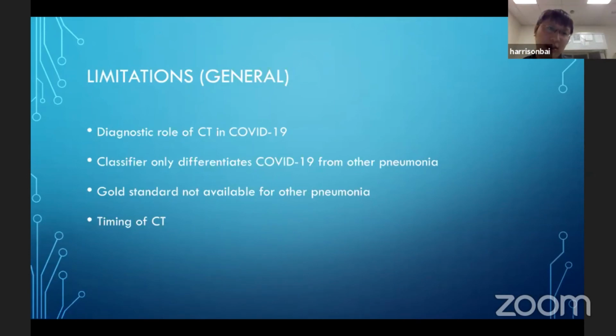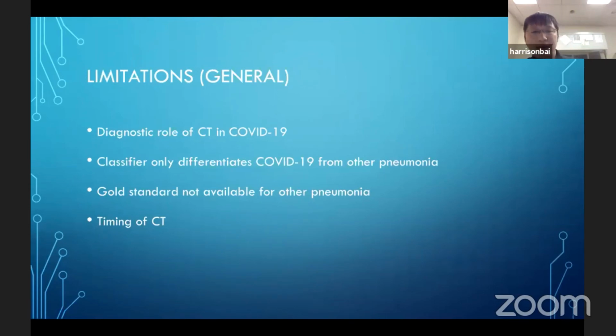And also our classifier only differentiates COVID-19 from other pneumonia. So one criticism could be that there could be other pathologies that imitate COVID-19 as well, other than other pneumonia, so the application could be limited.